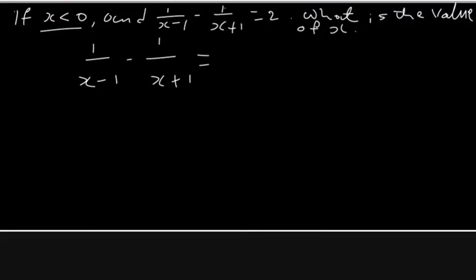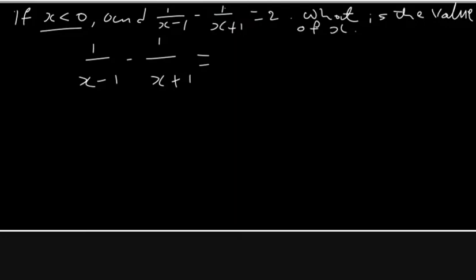Once you have a single fraction, you can cross multiply, like in this case, that is an equation. You can cross multiply and start solving for x. But if it is just simplify, once you convert to a single fraction, you keep reducing it until you cannot reduce it further. You can stop there, and that becomes your answer.